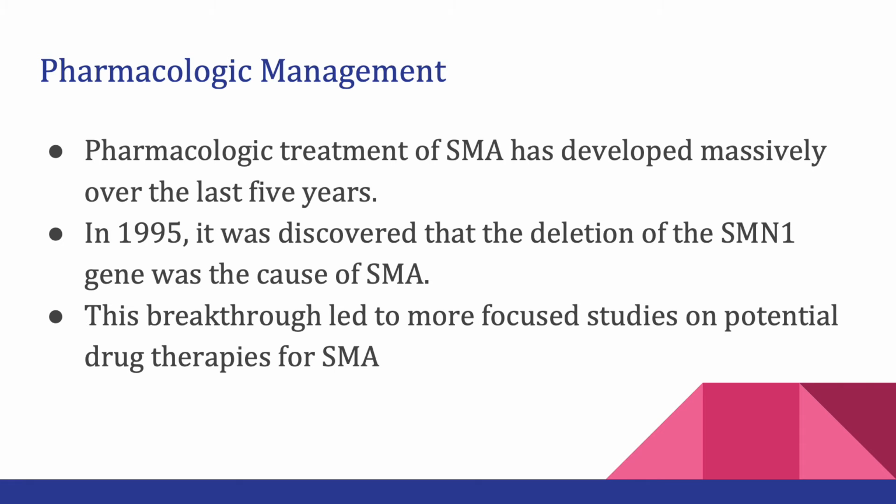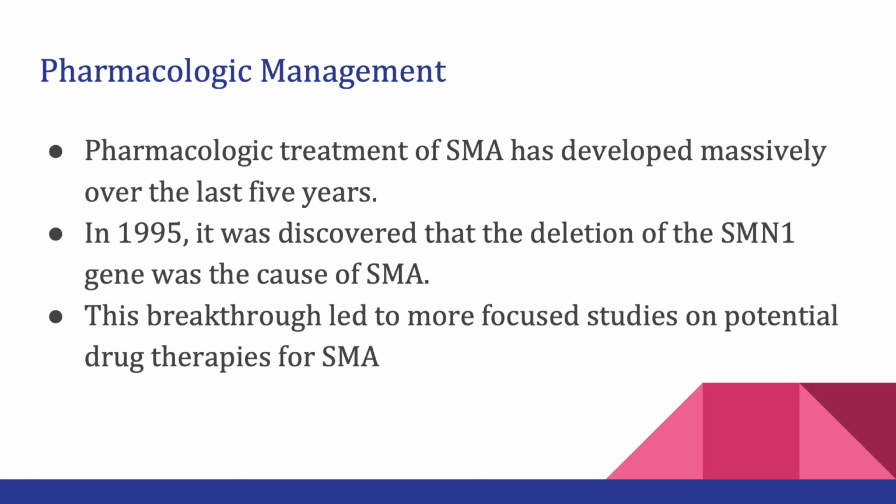Even before the 1990s, the research on SMA was limited, and nobody really knew the cause of the disease. Well, that changed in 1995 when it was discovered that the deletion of the SMN1 gene was actually the cause of SMA. Since then, that led to more focused studies on potential drug therapies for SMA.